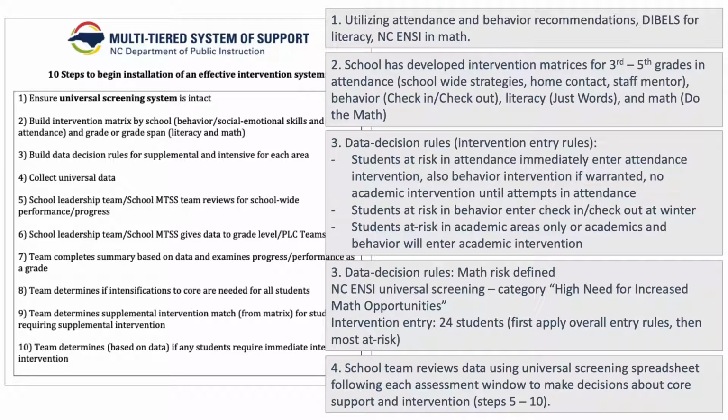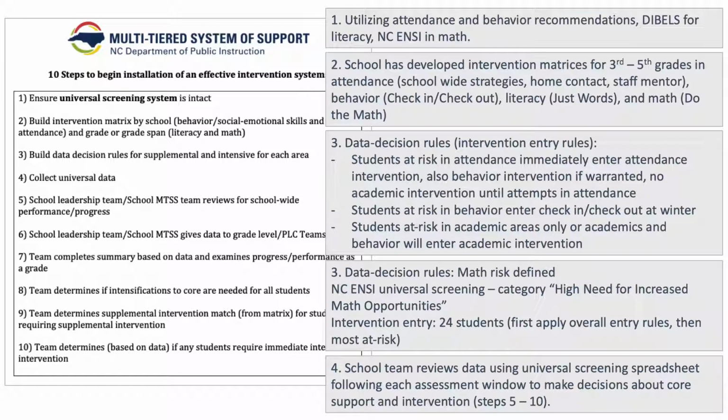In step 2, we see that this school has developed intervention matrices for grades 3 through 5. In attendance, they're using school-wide strategies, home contact, and a staff mentor. In behavior, they're using a standard intervention of check-in, check-out. In literacy, they're using an intervention called Just Words. And in math, they're using an intervention called Do the Math.